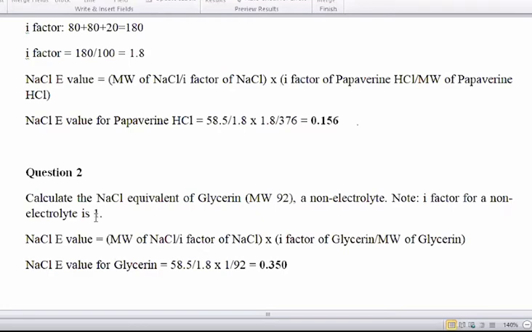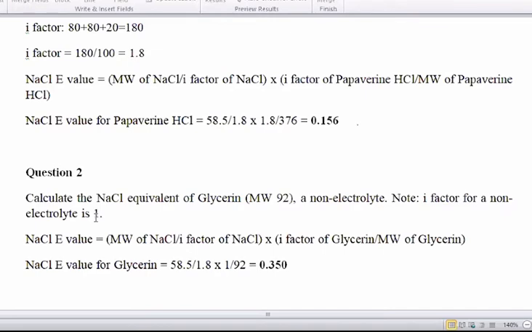Can I try, sir? So the I factor for sodium chloride depends on the dissociating ions in the molecule. Sodium chloride has sodium and chloride, so the ions that are dissociating are two of them. When we are doing the dissociation factor calculations, that's how we come to get the value 1.8.